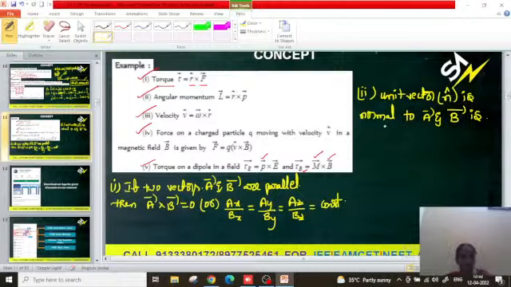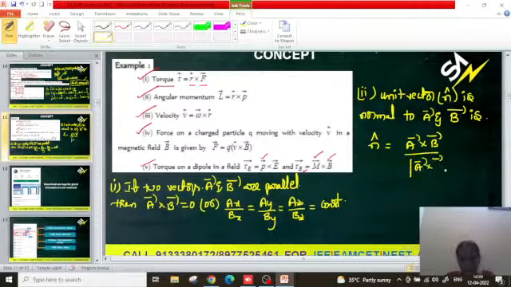If a unit vector is normal to both A bar and B bar, then how to calculate that unit vector? n cap will be equal to A bar cross B bar by magnitude of A bar cross B bar.